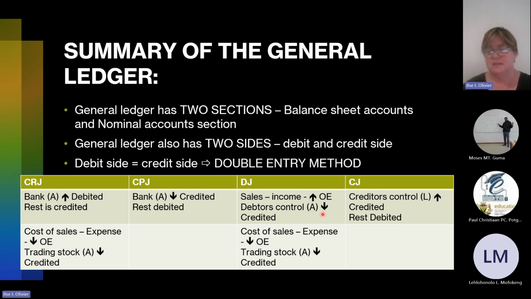Debtors control is your asset that also increases and therefore will be debited. Sorry for the typing mistake here. Then cost of sales is an expense that decreases your owner's equity, so it's debited. Trading stock is an asset that decreases and that will be credited. And the CJ: your creditors control is a liability that increases and the rest will be debited.